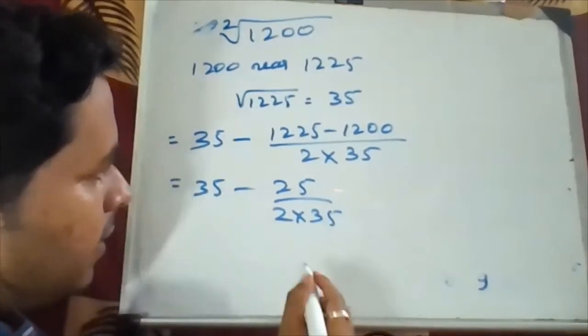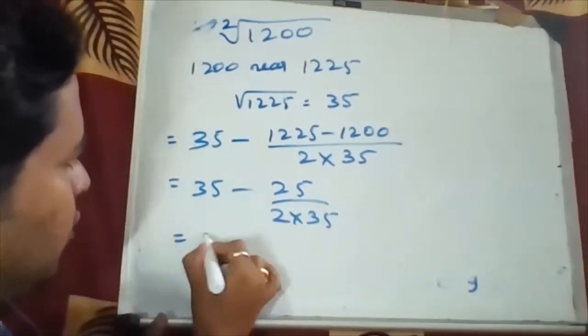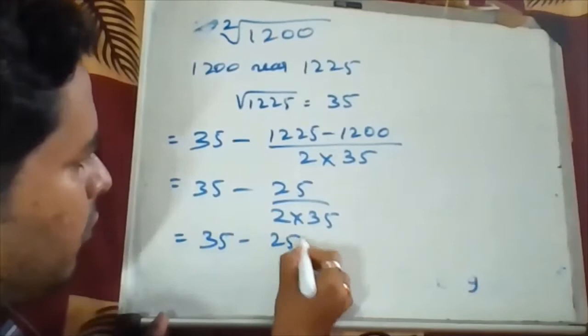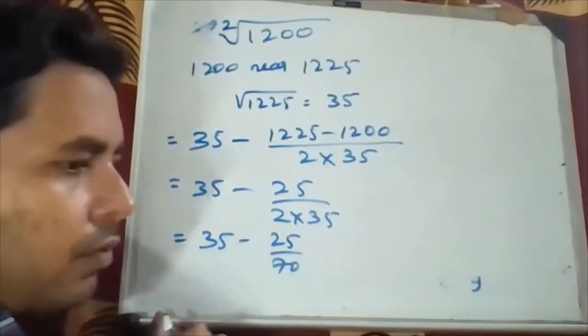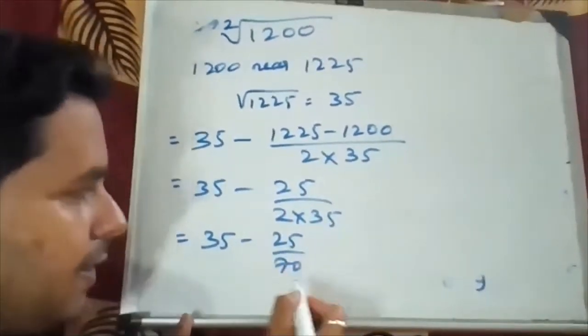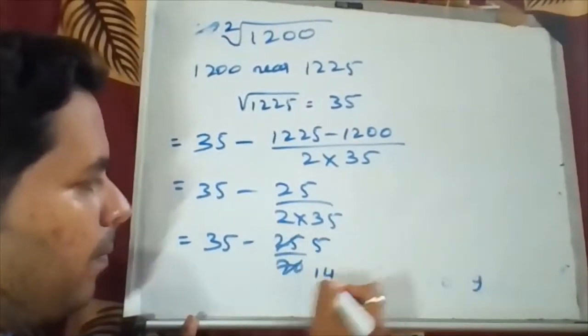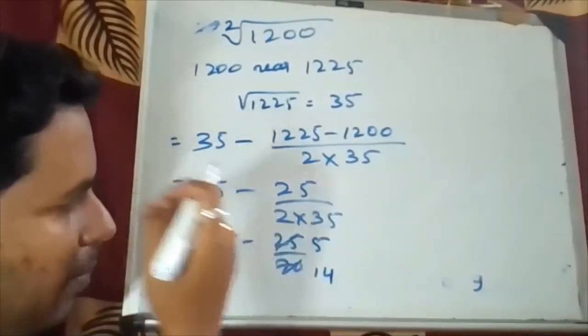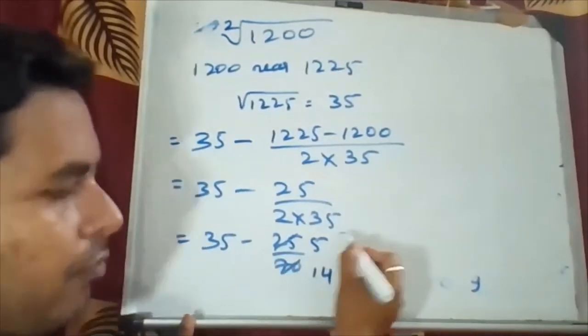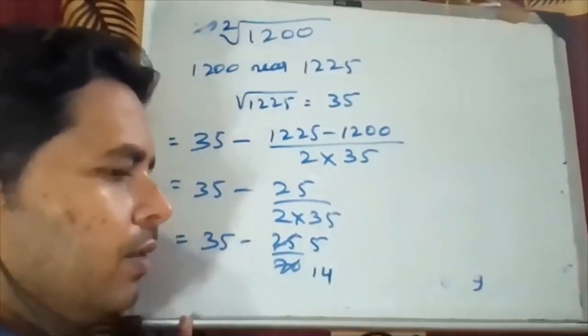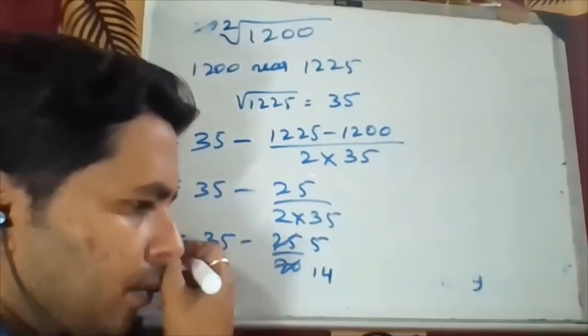So the answer will be 35 minus 25 by 70. 25 by 70, if you simplify again, you will get 5 by 14. So what is the value of 5 by 14?